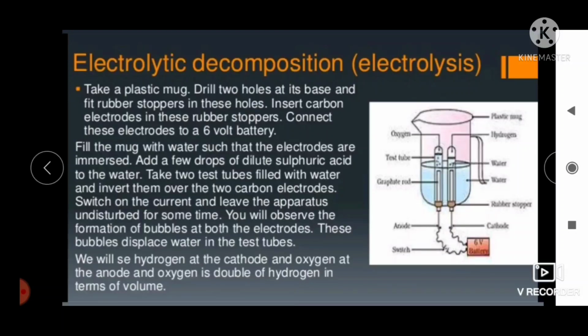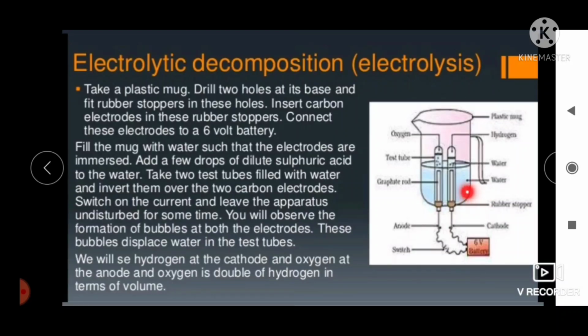If the decomposition reaction takes place in the presence of electric current, it is called electrolytic decomposition. Let us illustrate the reaction with the help of an activity. For that, take a plastic mug or a plastic glass. Drill 2 holes at its base and fit rubber stoppers in these holes.